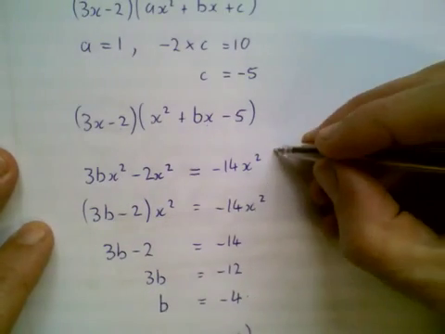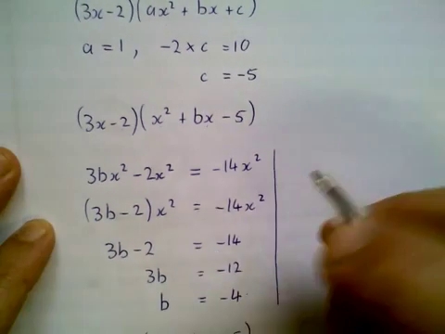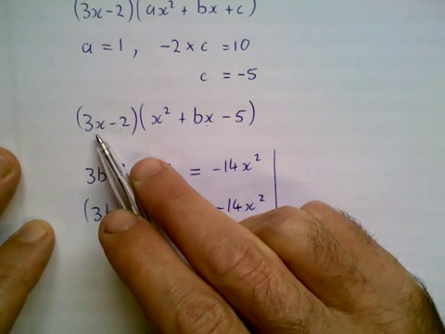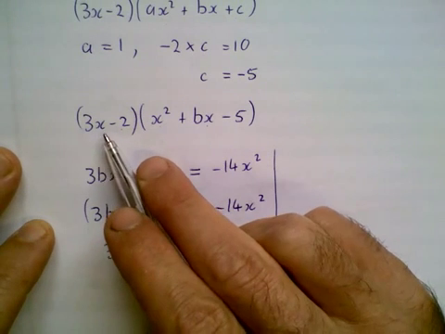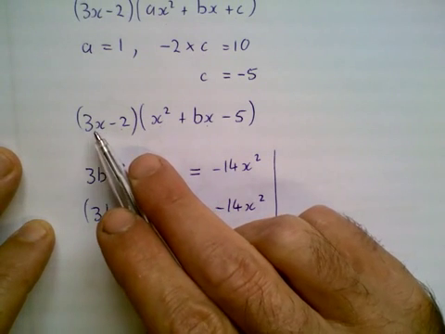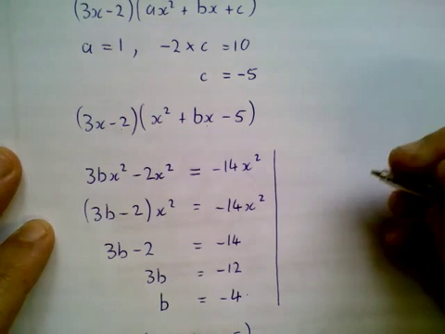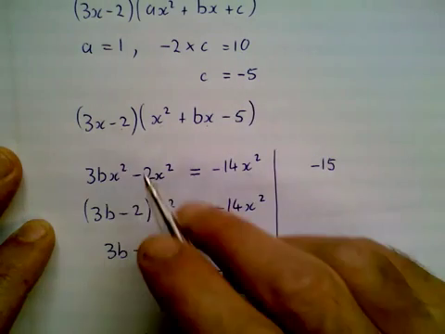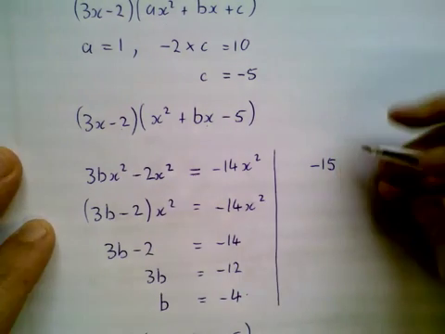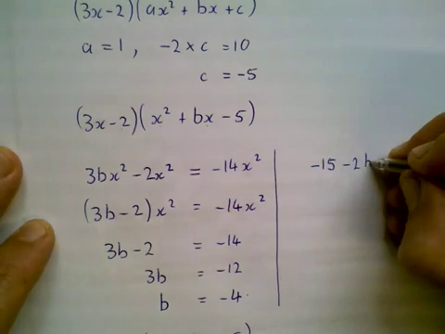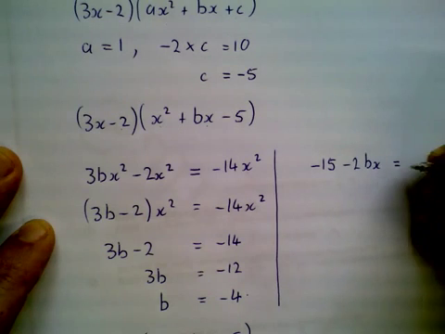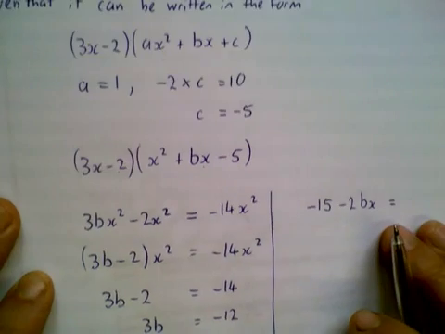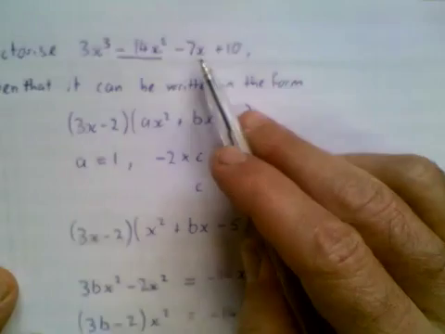So what we have instead at this point, looking at the x terms now, the only way when we expand out these two brackets to generate an x term would be by saying 3x times negative 5, which is negative 15x. And also we have negative 2 times bx, which is negative 2bx. And that must be equal to the x term from our original expression, the negative 7x.